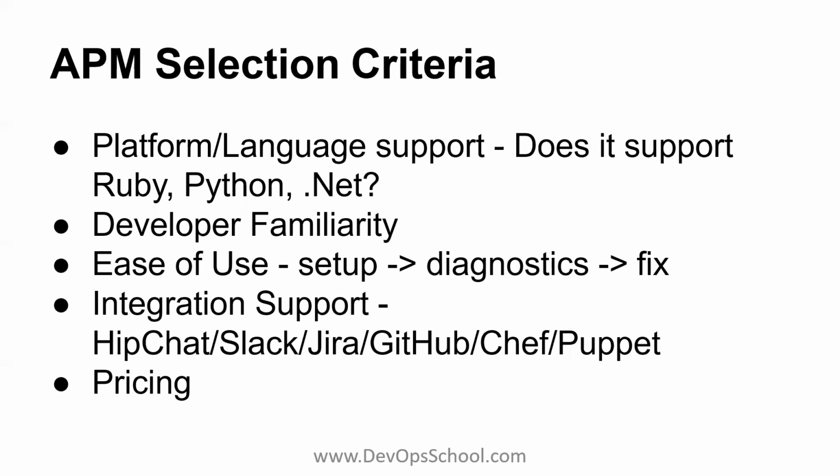But do you want to use it for 1 month? No. So look for the tool which is not the best in the market or very popular, but whether it will fulfill your requirement. So while doing the APM selection, you should see whether the APM tool is supporting your languages or not, developer familiarity, ease of use, setup, diagnosis and fix, integration and pricing. If that is satisfying your criteria, go for it.